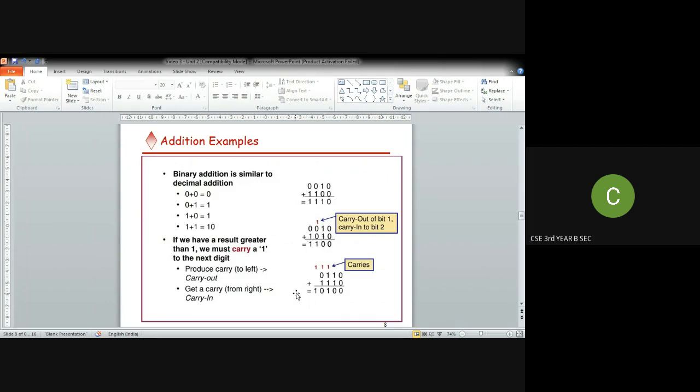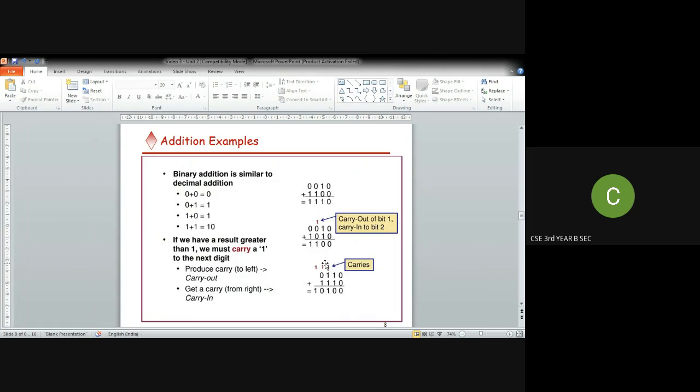And the next one is 0 1 1 0 and 1 1 1 0. These binary numbers are added. 0 plus 0 is 0, 1 plus 1 is 0 with carry 1. Then when we add 1 plus 1 we get 10, and we have to add one more 1, so we get the answer 1 1, which means sum as 1 and carry as 1.